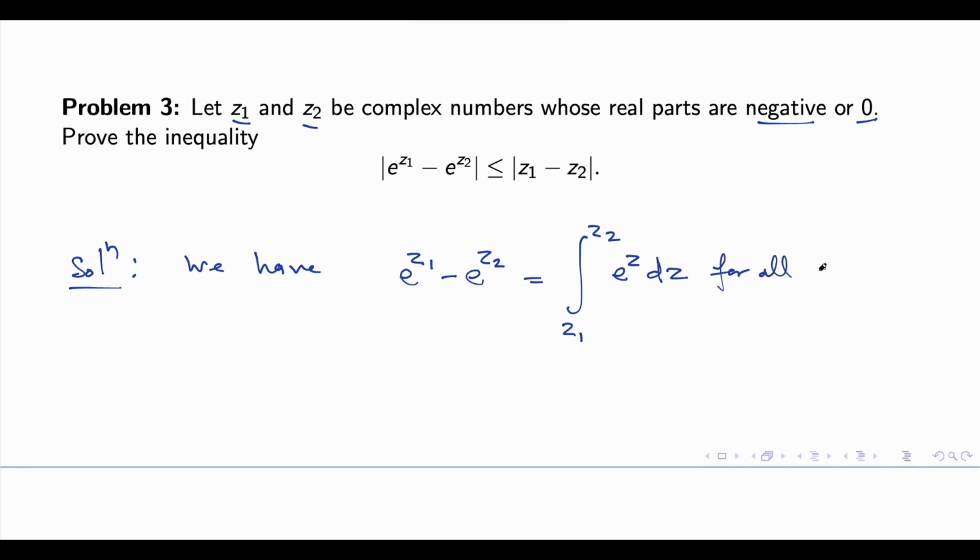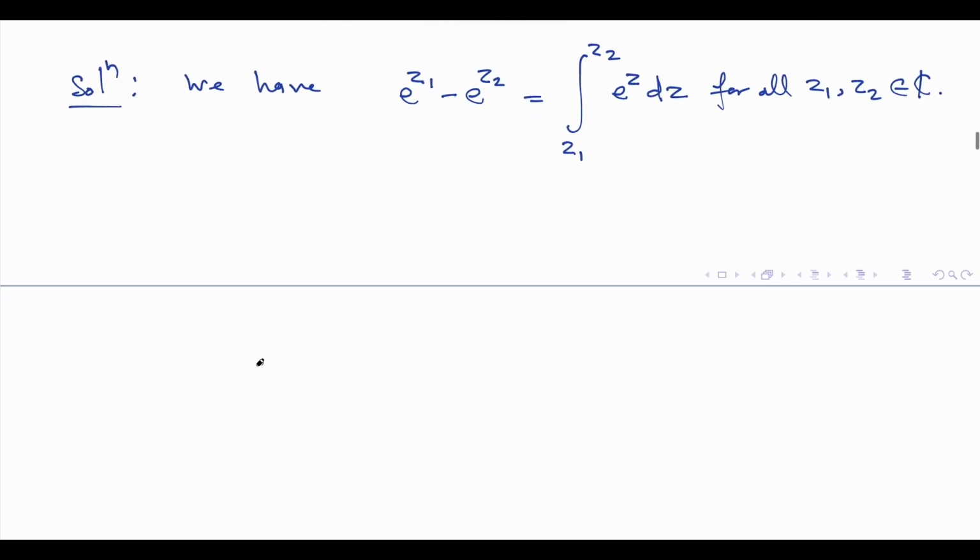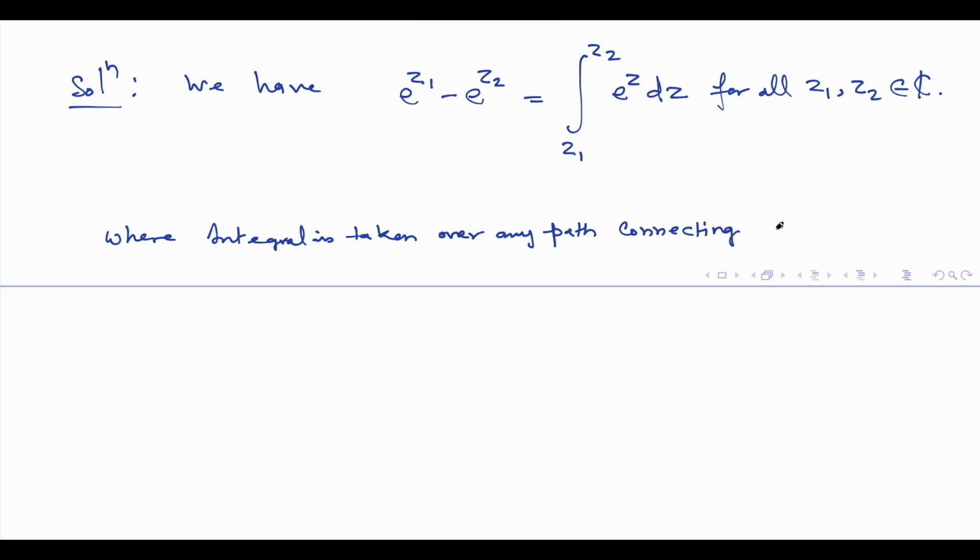For all z1, z2 belonging to the complex plane, where the integral is taken over any path connecting them, right?